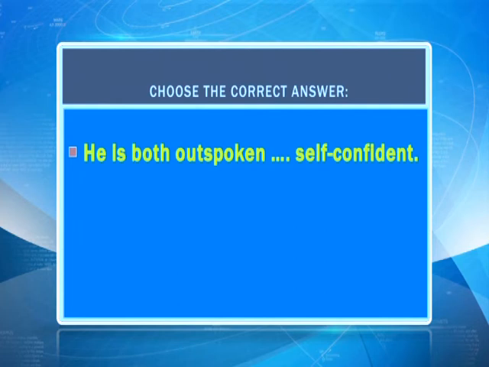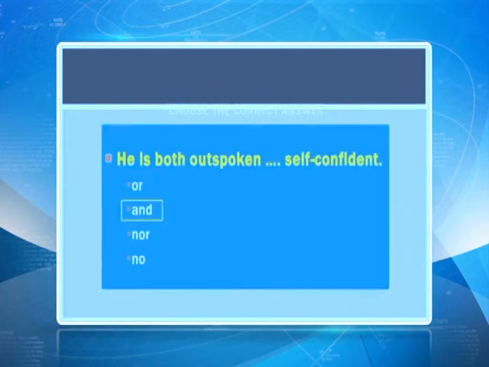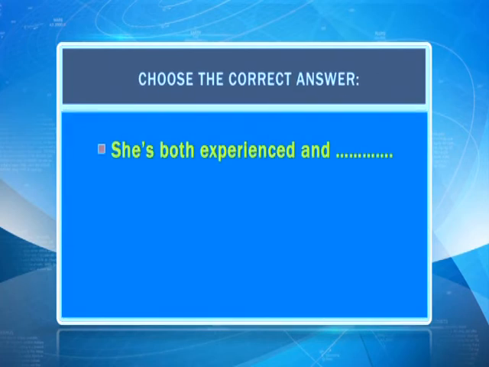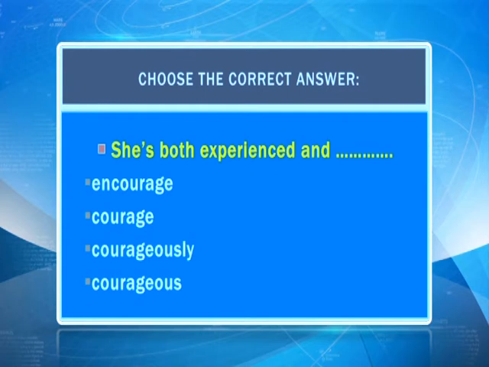He is blank outspoken and self-confident. He is both outspoken and self-confident. So here I am joining two adjectives. And next sentence, she's both experienced and, blank: courage, courageously, or courageous. Now notice that experienced is an adjective and and is a coordinating conjunction. I need an adjective, and the adjective from this list is courageous.